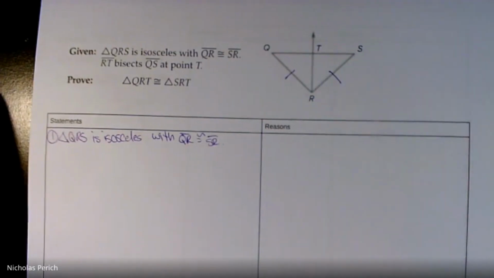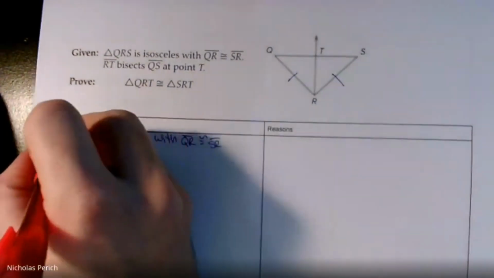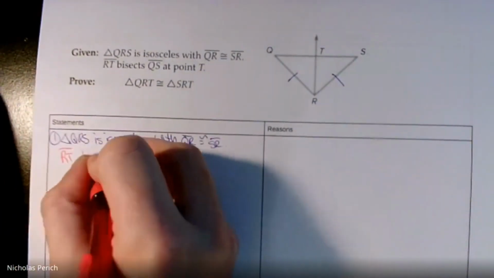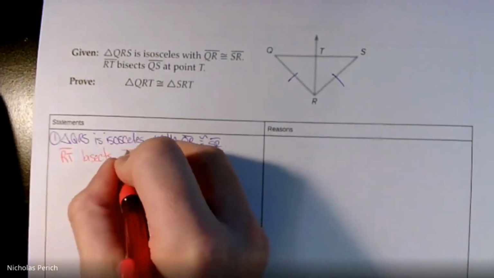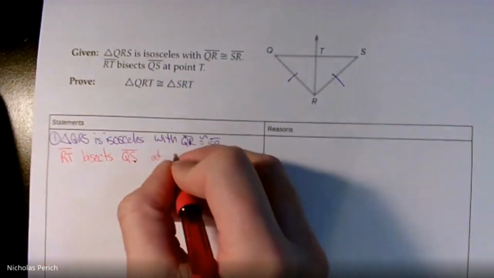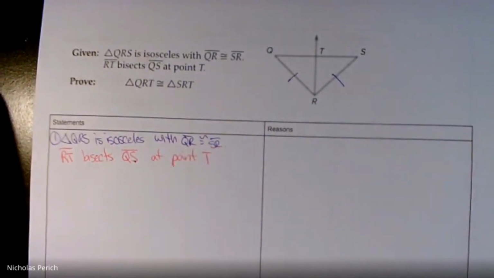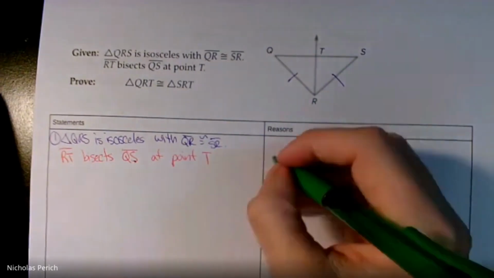What other information do we have? Ah, yes, the old bisect word. Side RT bisects side QS at point T. That's my given.